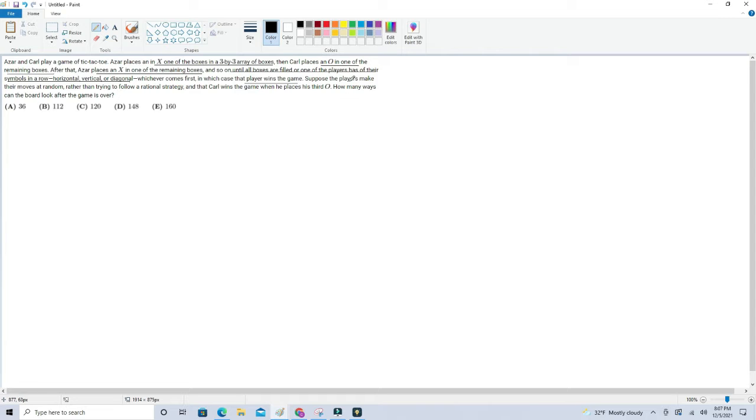Suppose the players make their moves at random, rather than trying to follow a rational strategy, and that Carl wins the game after he places his third O. How many ways can the board look after the game is over?